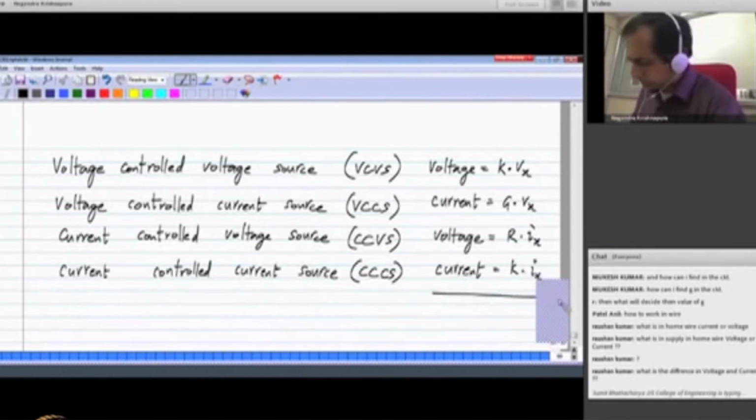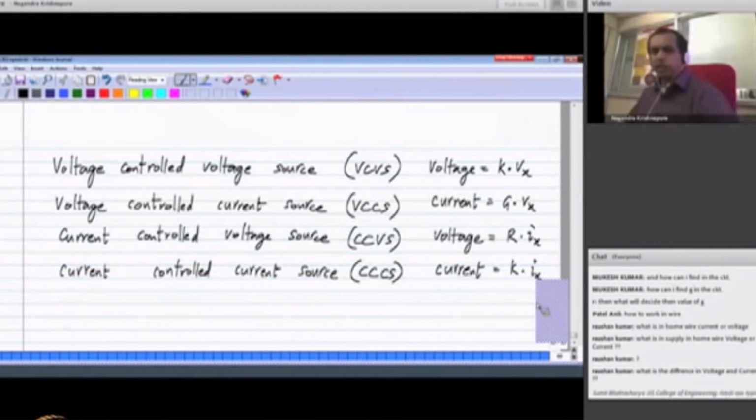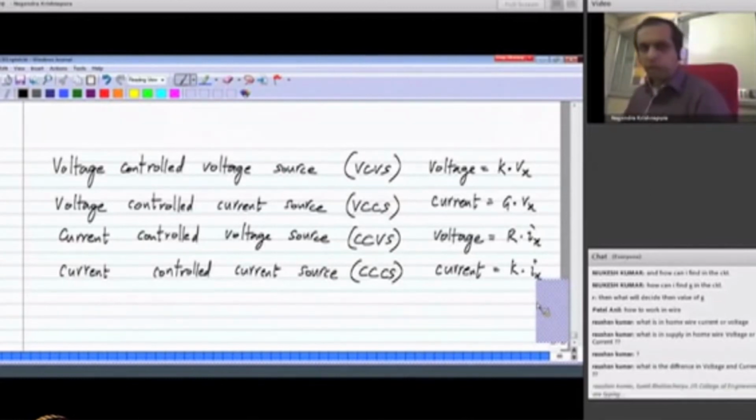Okay. So those are the basic definitions. Now I went through all the four definitions because they are sort of routine. Now I will take all the questions.